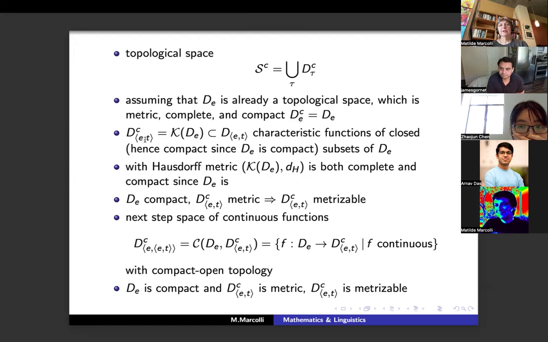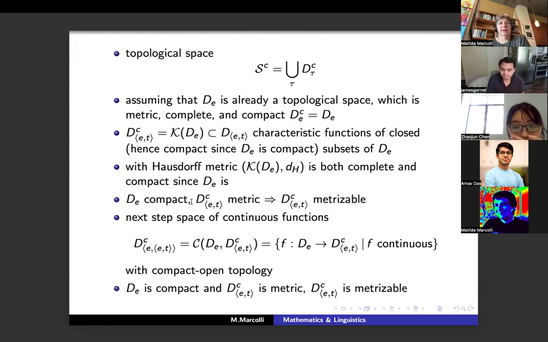And the first step I take, with values in the truth values 0, 1, I use this space of compact subsets. There are characteristic functions of closed, well, it's the same, closed or compact subsets, because you're inside the compact space. And this has a Hausdorff metric that is both complete and compact. So up to this point, I'm keeping the best properties I have.